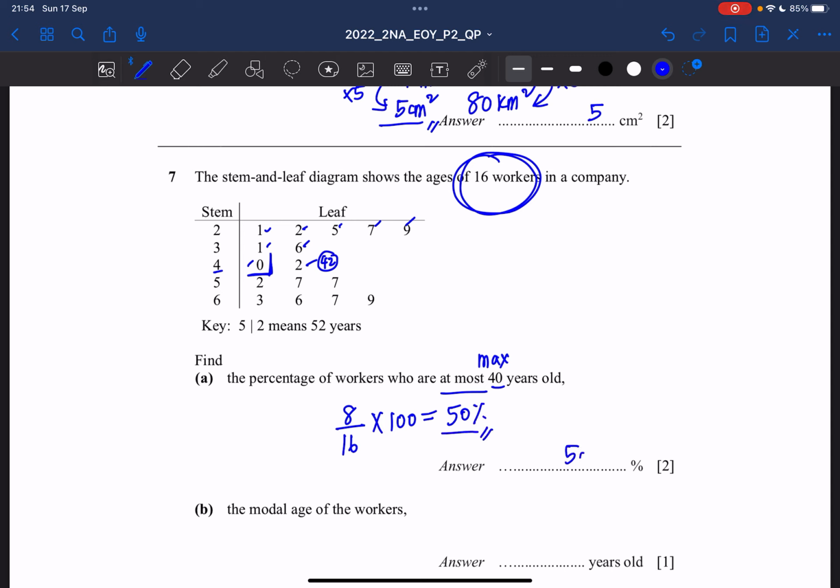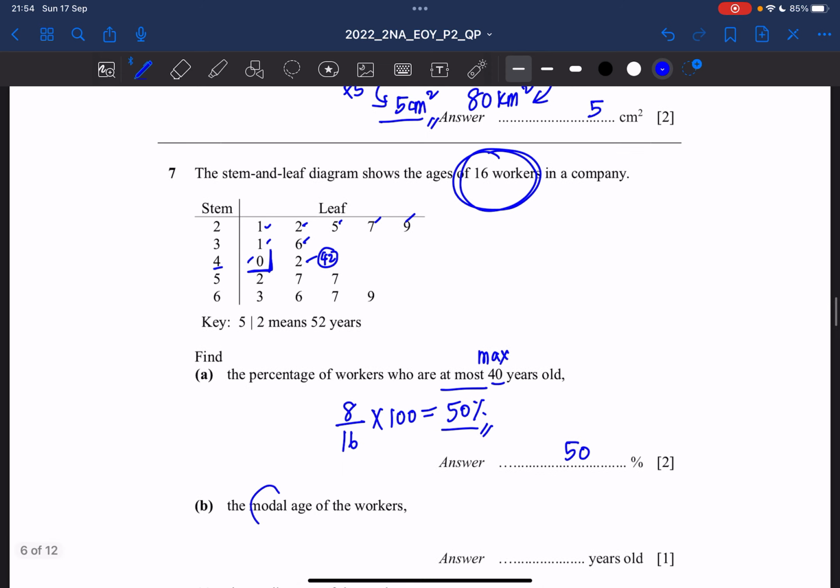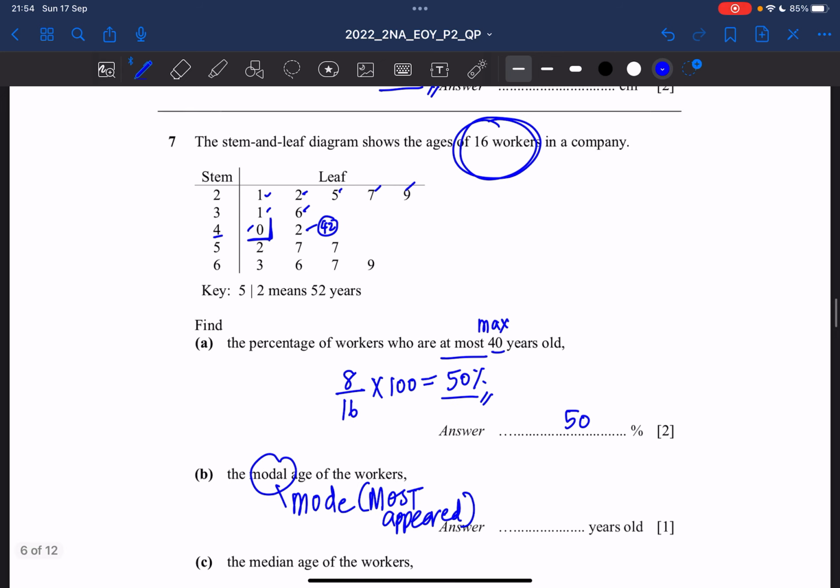So 50% here. Now the modal age of the workers. Modal means mode. Mode means most appear. So most appeared, right? Okay, let me just erase all this for you. So you see our leaf, right?